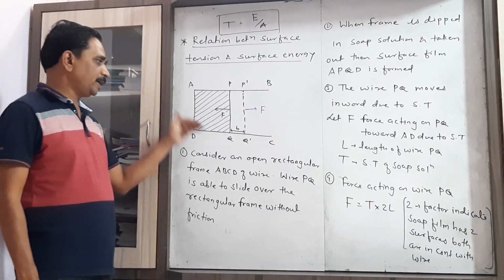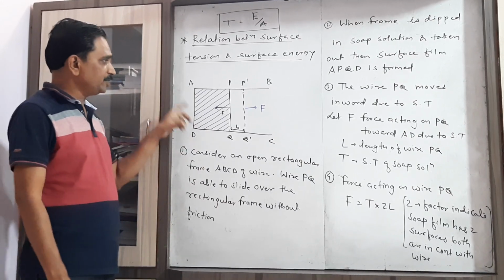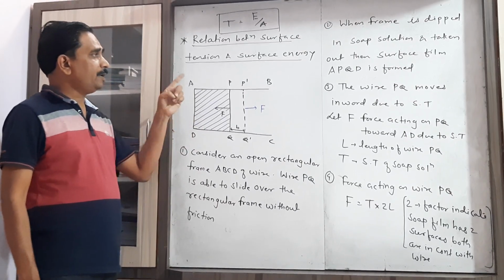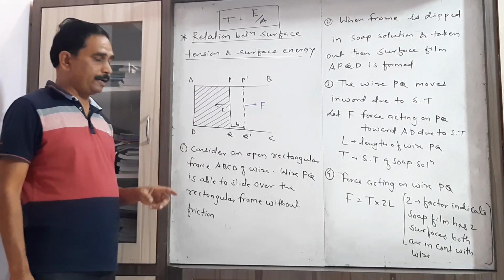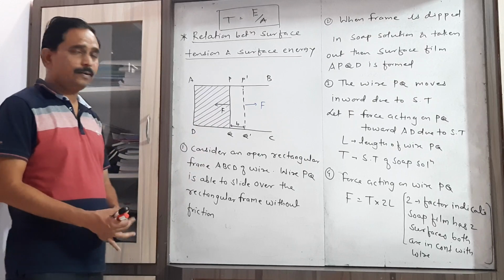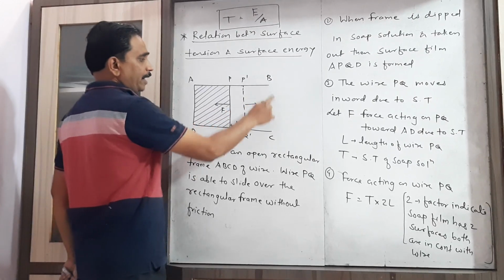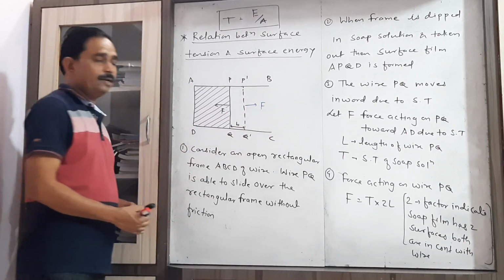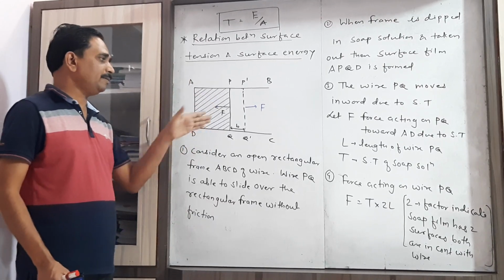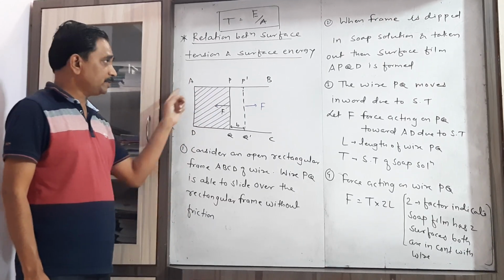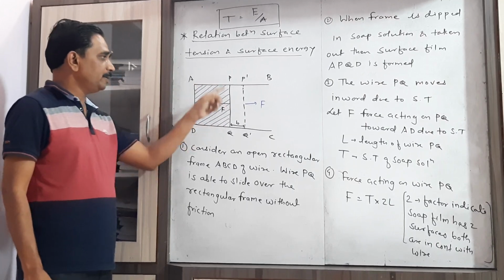Now in order to obtain this relation, you have to consider one open rectangular frame made up of wire. Now why is it called open? Because this side of the frame is open and we have to use one extra wire, that is the PQ wire, just in order to form the square.